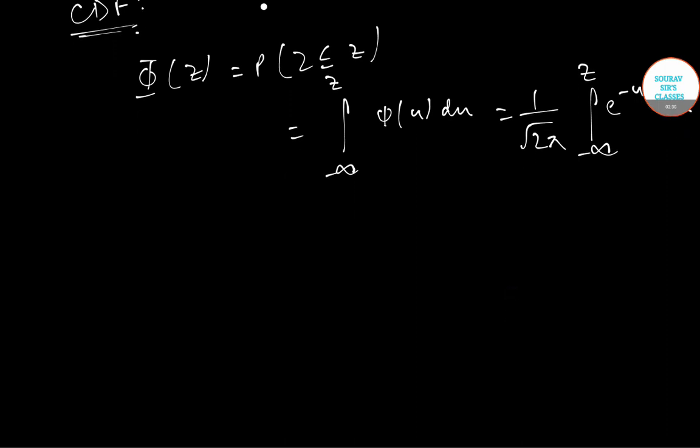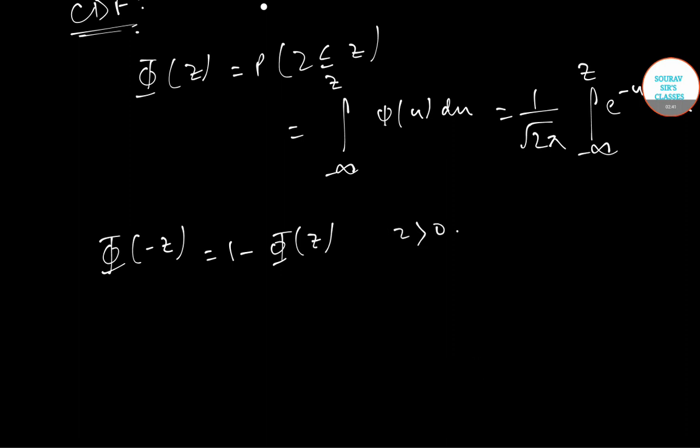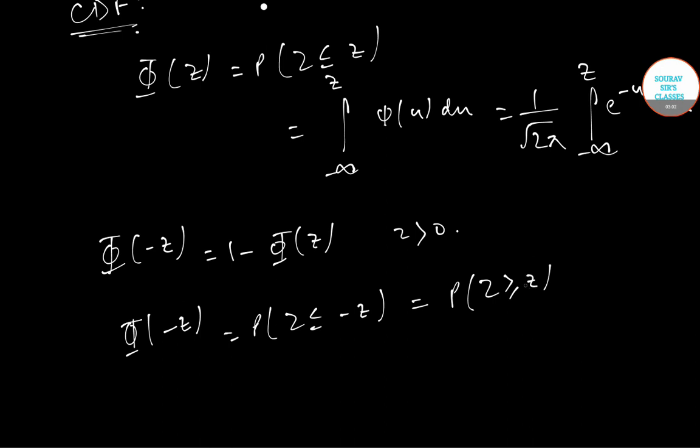Now there's a result regarding CDF, that is phi of minus z is equal to 1 minus phi z given z greater than 0. This can be proved as phi of minus z is equal to probability z less than minus z, which is equal to probability z greater than or equal to z.